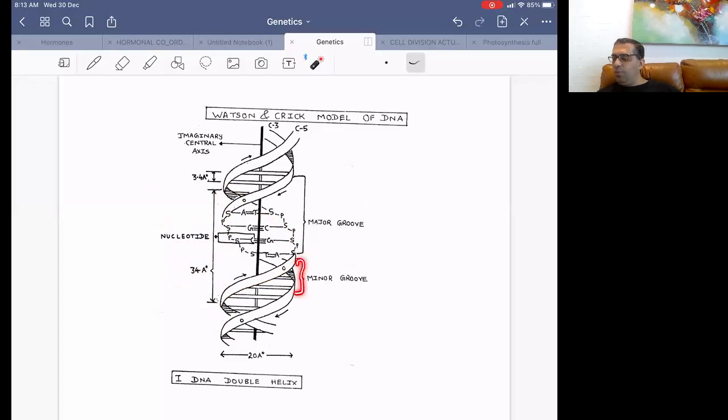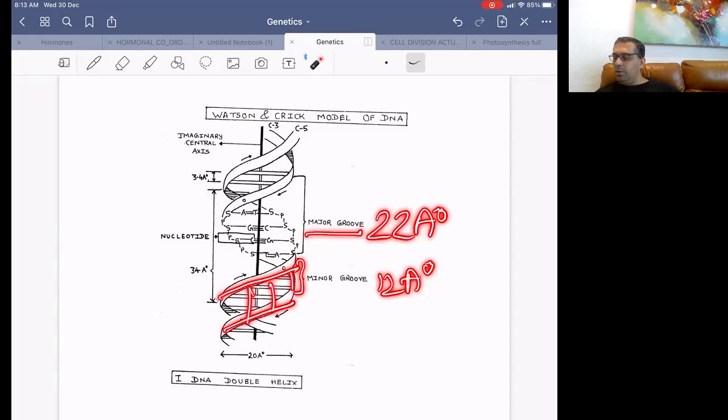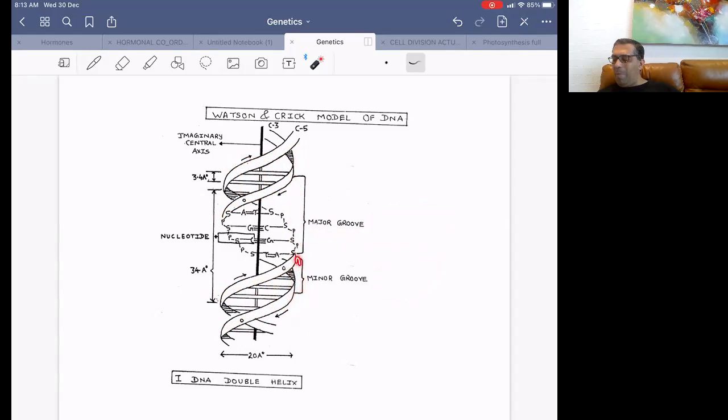This is the minor groove, 12 angstroms. This is the major groove, 22 angstroms. Minor is between two strands. Major is in between the space of one double spiral. And now you have minor plus major.